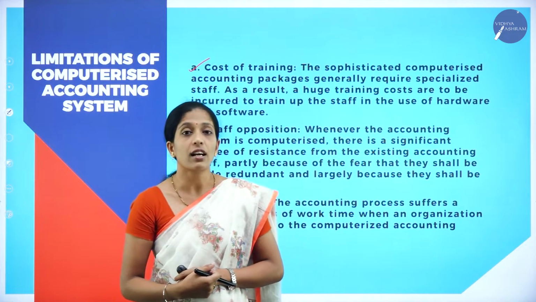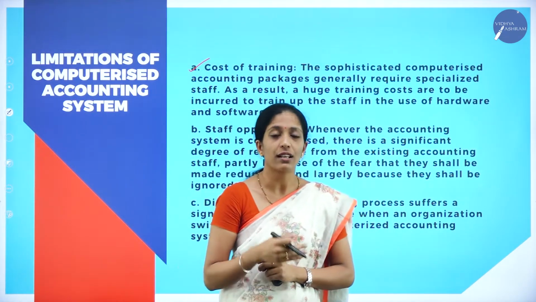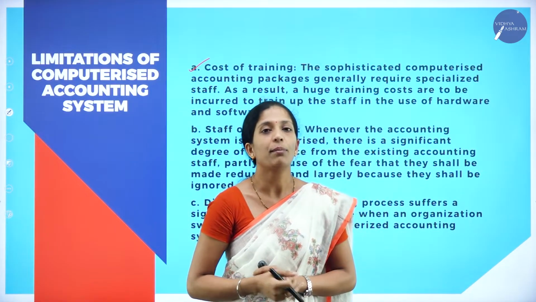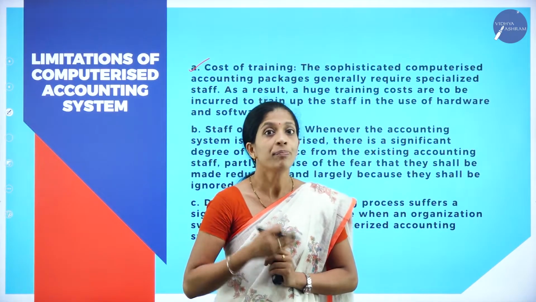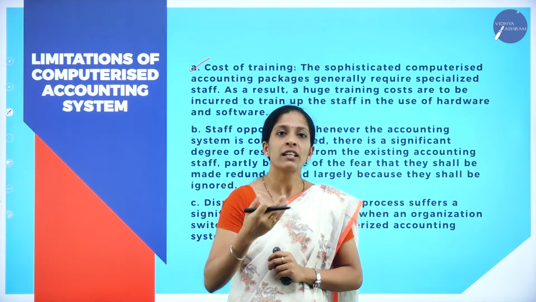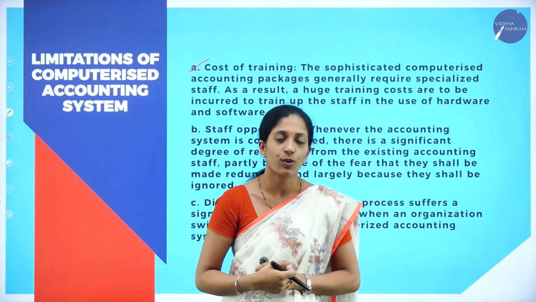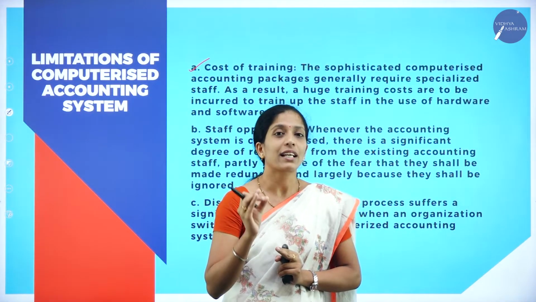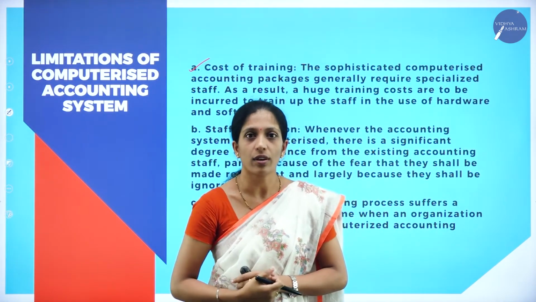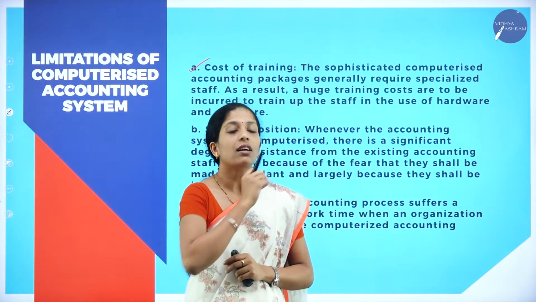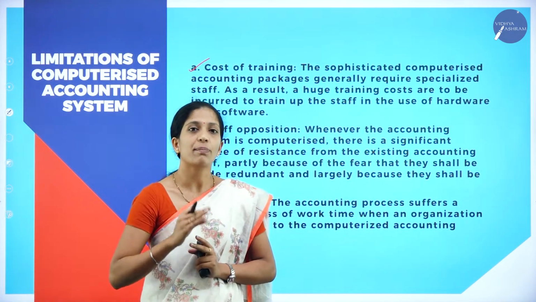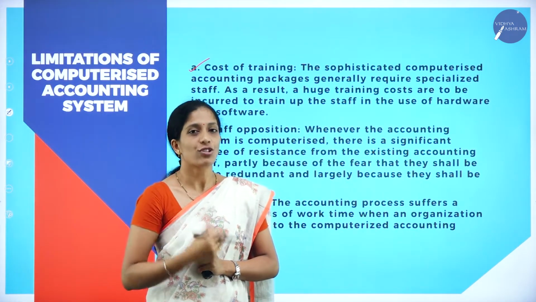There are certain accountants who are weak in the computer, that is, working in computer. For them a proper training has to be given. The cost which is incurred for giving training is very high because it is a technical aspect, the technical study they are going to make.